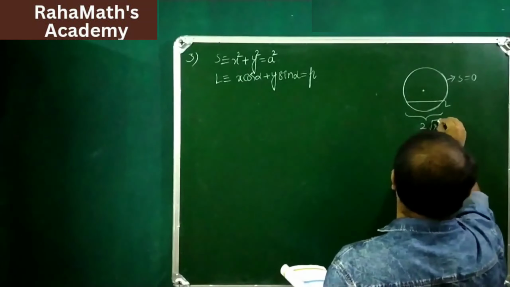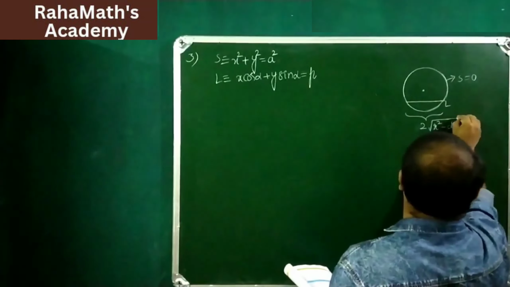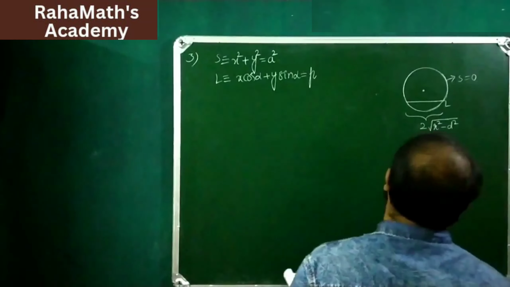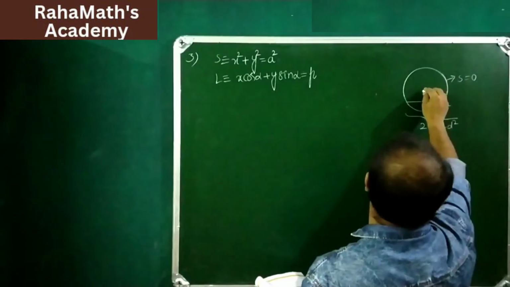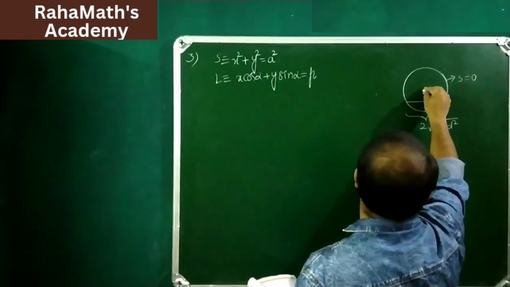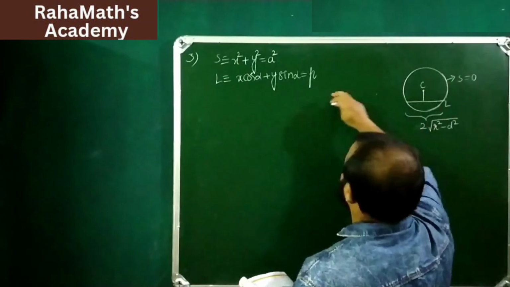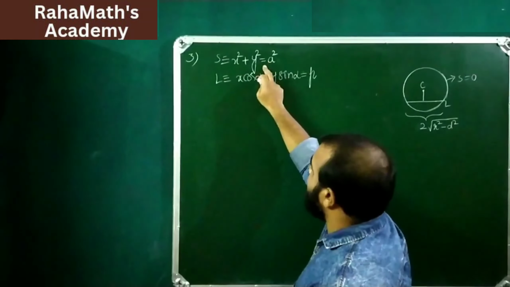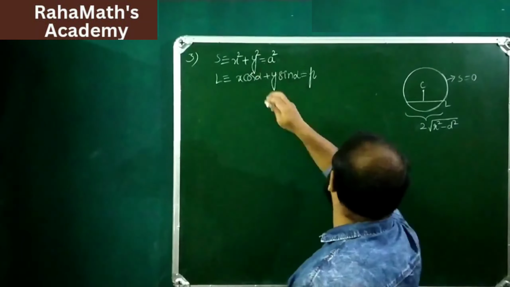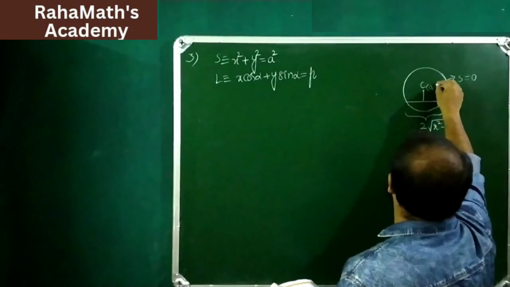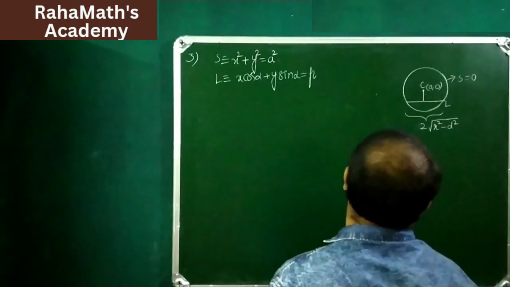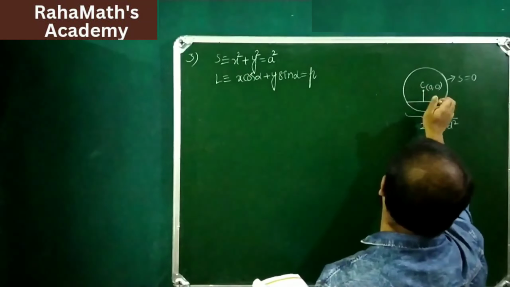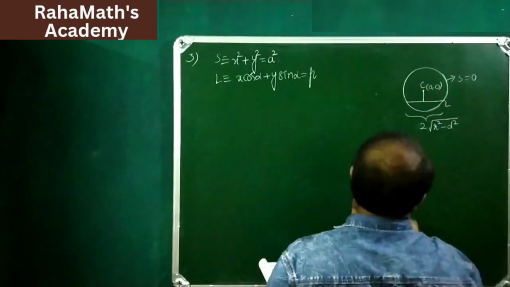2 root of r square minus d square. So r is the radius of this circle and d is the perpendicular distance from the center of this circle. What is the center of this circle? x square plus y square equals to a square is the standard equation of the circle whose center is at the origin, and d is the perpendicular distance from the center of the circle to this line.